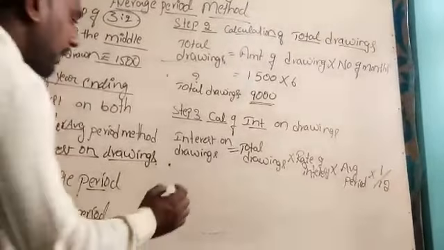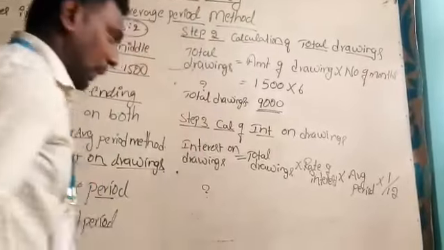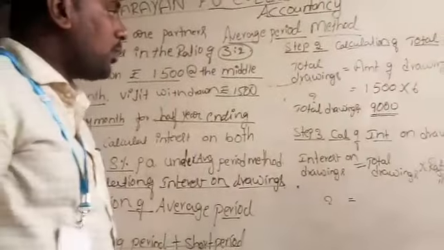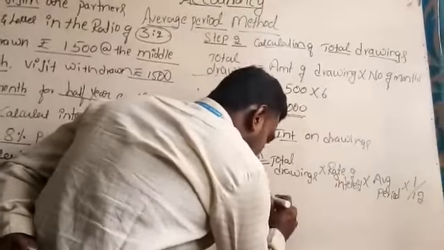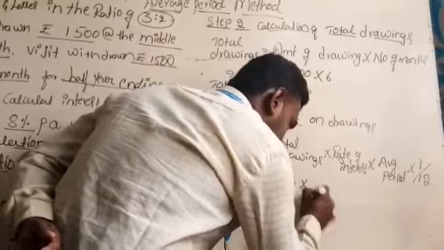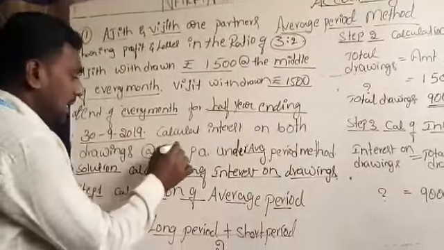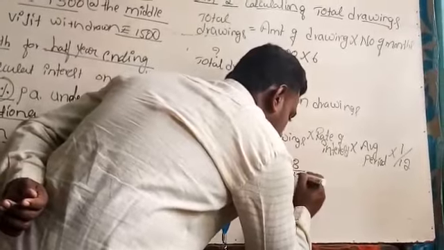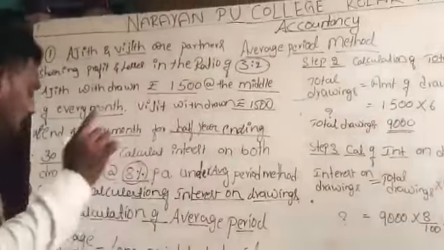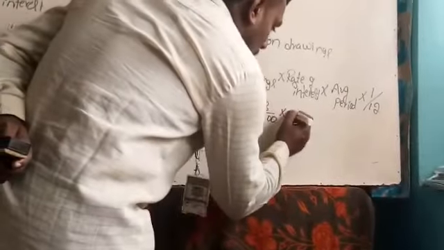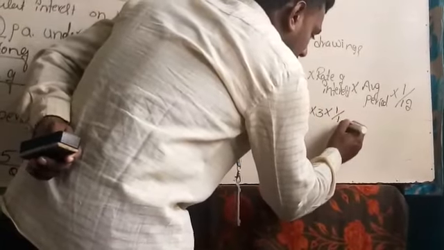Now let's implement the formula. Interest on drawings, which we don't know, that is the question mark, is equal to total drawings, which is calculated in step number 2, that is rupees 9000, into rate of interest, which is available in our question, that is 8% per annum. So we implement it here, 8 divided by 100, into average period, which is calculated in step number 1, that is 3, into 1 divided by 12.